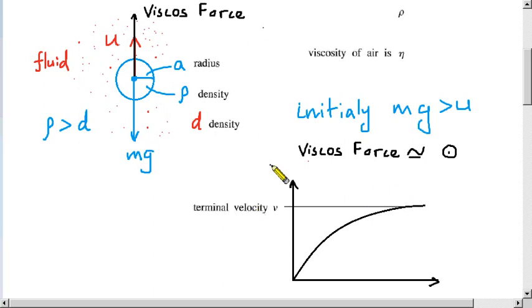So on this axis we have taken v, the velocity, and time on this axis, a velocity time graph.